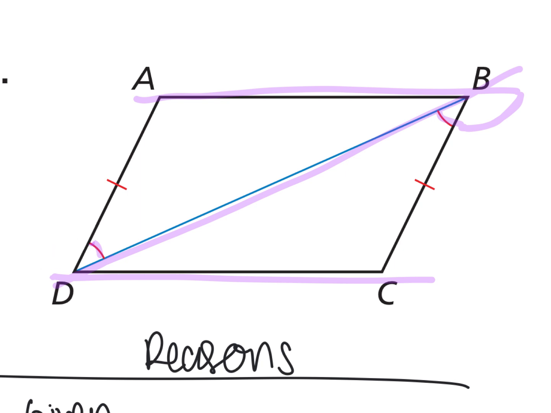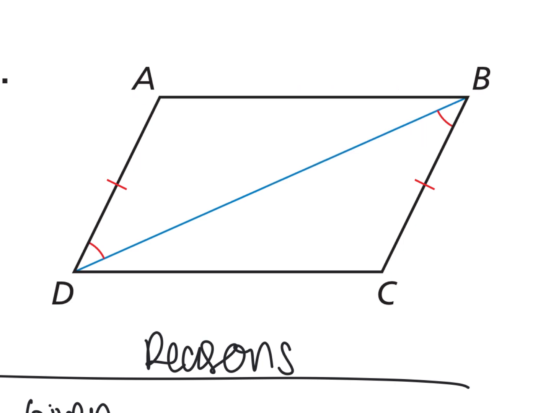Now, let me go ahead and check the other ones. So let me erase this. So let's go and look at the second one. Let's say I'm going to change those parallel sides. You have to understand the difference when you're looking at these. If I drew my parallel sides right here, cut by a transversal, are they now my alternating interior angles? Yes. So you have to be aware of where the angles are according to the parallel lines.